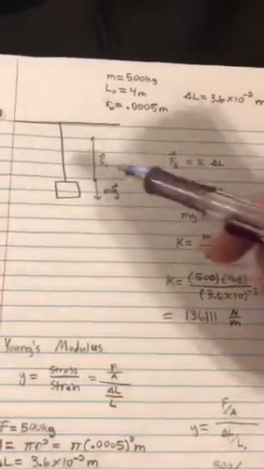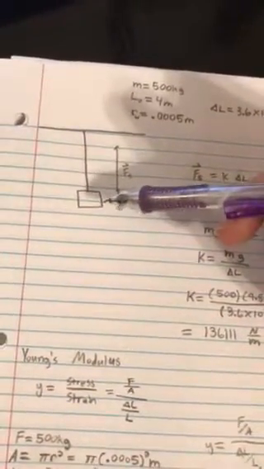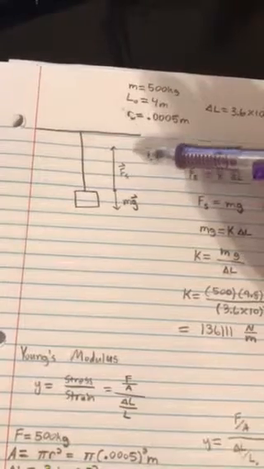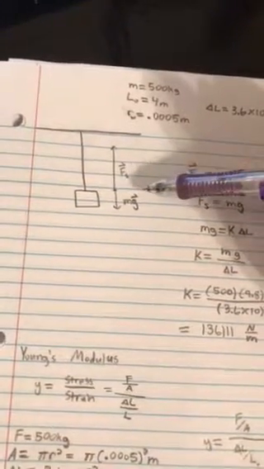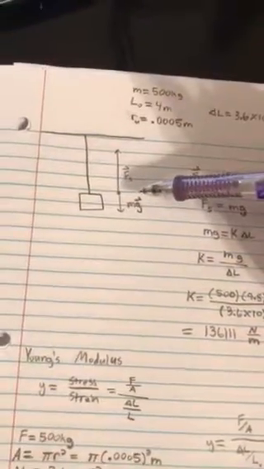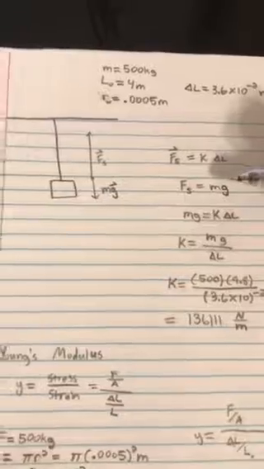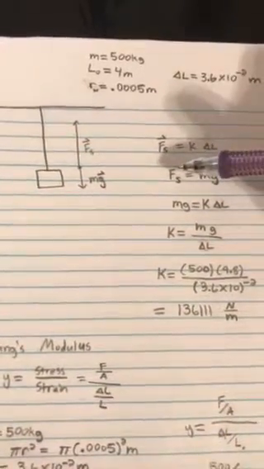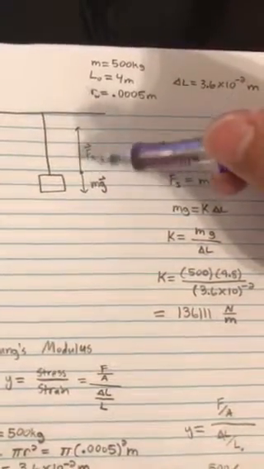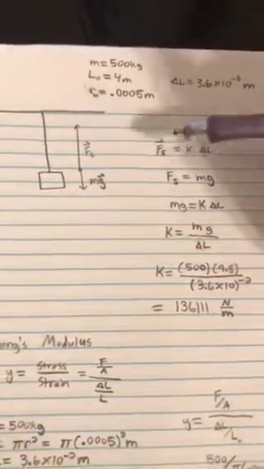Alright, these are the forces acting on this block. You've got the spring pulling up, and the mass and gravity pulling down. Right now the net force is 0, and this is the equation for the spring. It's only going in the y direction, so no need for the vector.